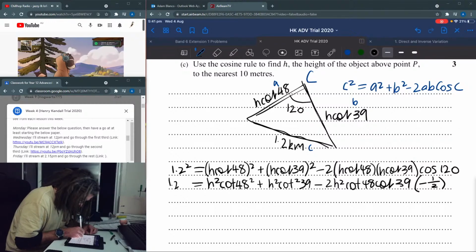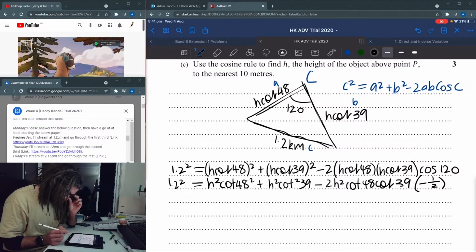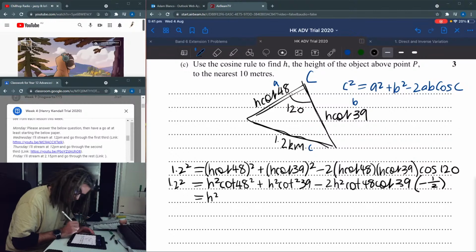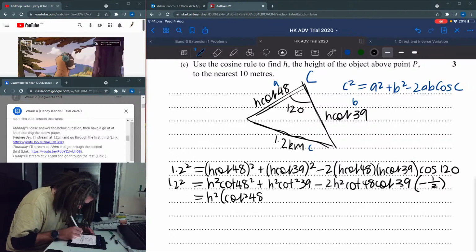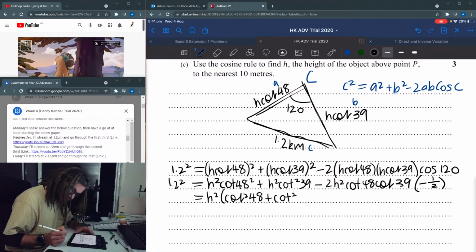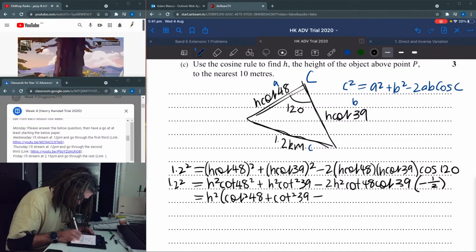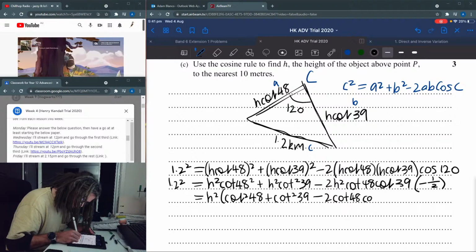And that equals 1.2 squared. I guess we can factorize h squared out. So h squared, what's left: cot squared 48 plus cot squared 39 minus 2 cot 48 cot 39.